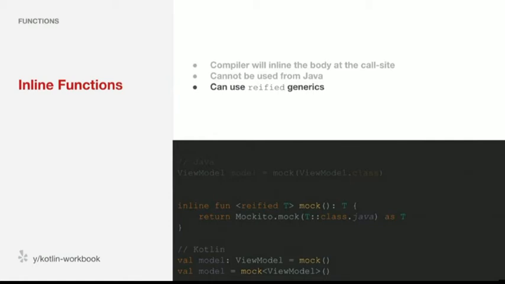Now, there are two ways that we can avoid having to pass the class object in. Option A is we can declare the type of our view model, which means mock needs to return us a T, so we can infer the type T of the reified generic.